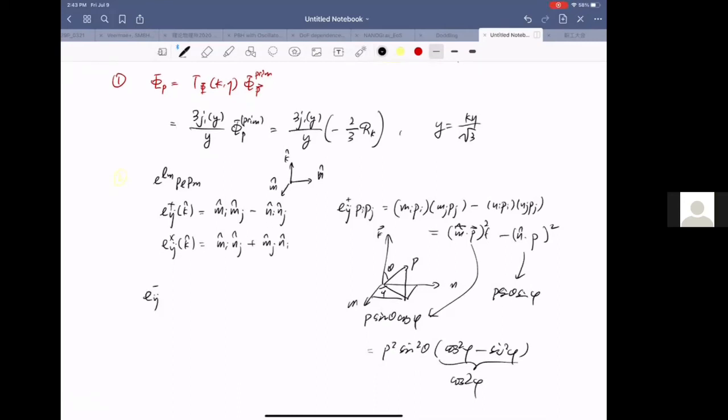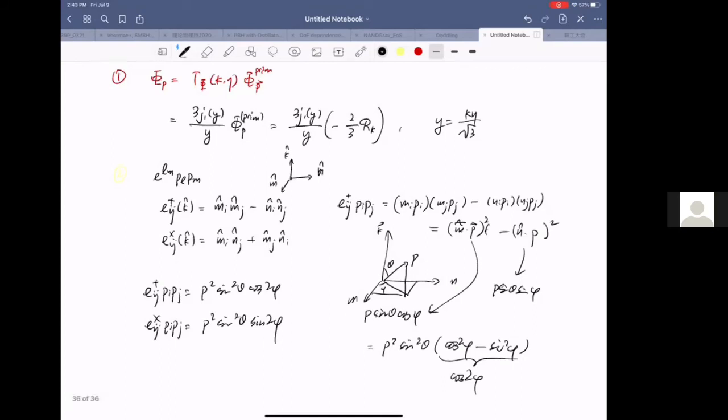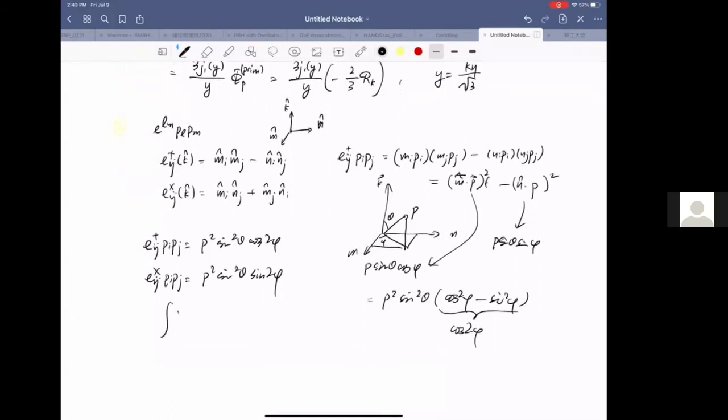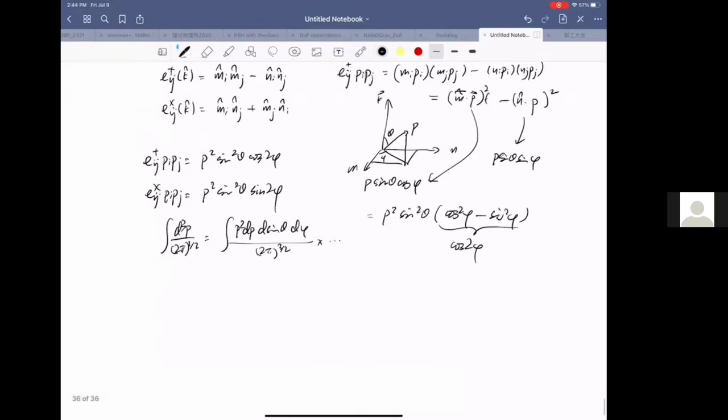So e_ij plus p_i p_j is p squared sine squared theta cosine 2 phi. e_ij cross p_i p_j, I will not do it, is sine 2 phi. So then you can write the integral of d cubed p as p squared dp d cosine theta d phi with these angles. This is the second thing.